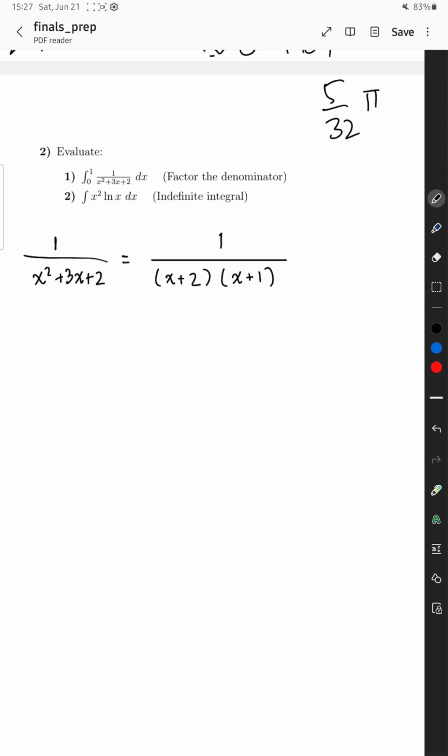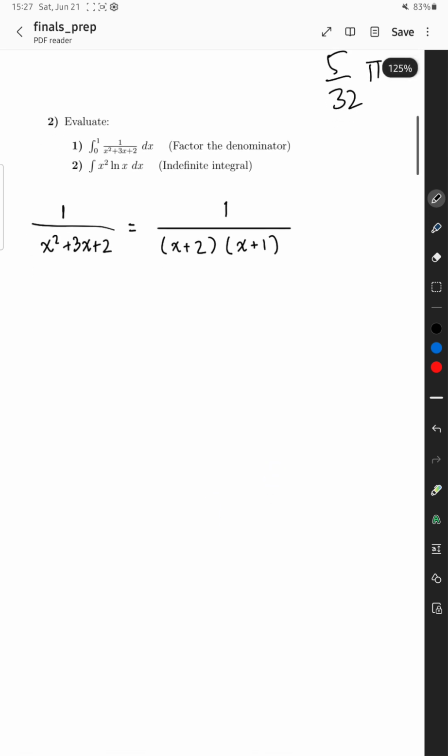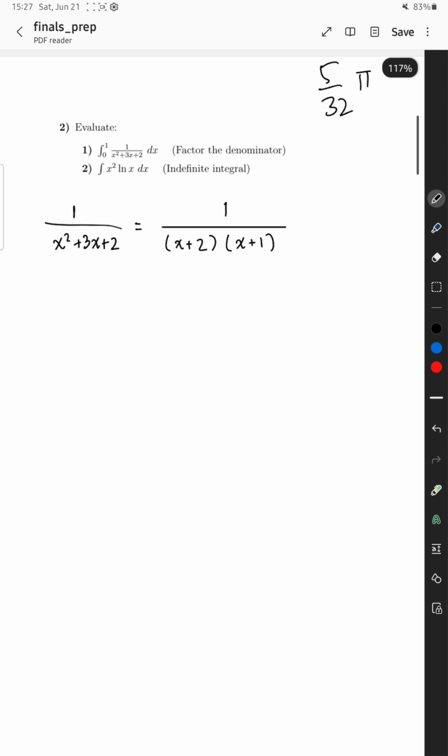Now this is a simple factorization that you can do, but now you can see that we can use a technique which is called the partial fraction technique. In the partial fraction technique, you have an algebraic fraction. The factors in the denominator need to be linear factors. They can be quadratic factors, but they would have a separate formula.